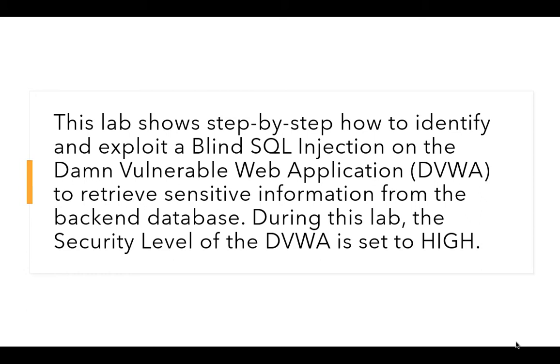During the lab, the security level of DVWA is set to high. We have to start first, as my instructor told me, from the low level, up to the high level.